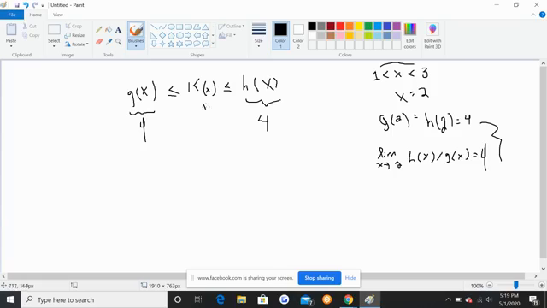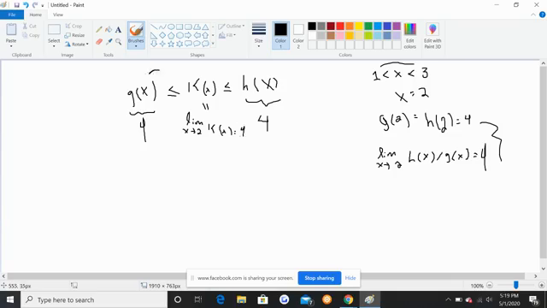So by definition, this means that as x approaches 2, the limit of k of x also has to equal 4. Because if it was any more or any less, this condition wouldn't hold.